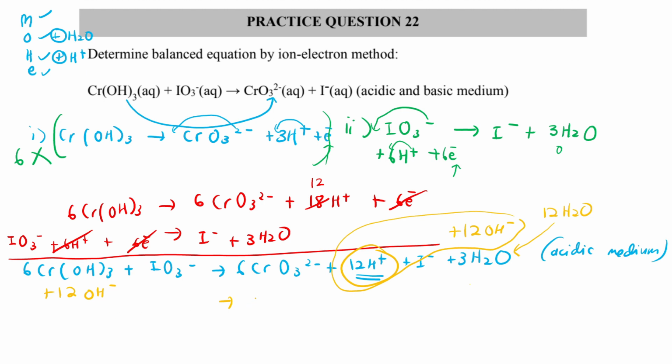So we write it back: 6CrOH3 plus IO3 minus plus 12 OH minus produce 6CrO4 2 minus plus 15 H2O plus I minus. Okay, make sure on your right hand side we don't have the same molecule or ion appear twice.